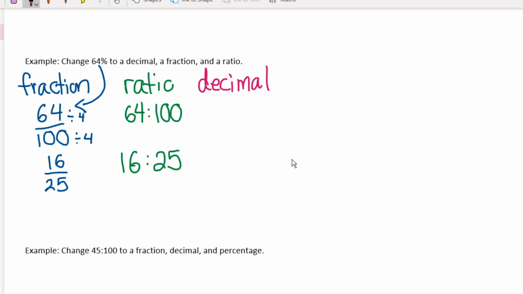All right, so what we do to convert a percentage to a decimal is we write down our number here, 64%, and we are going to divide it by 100. So 64 divided by 100 is equal to 0.64. Now that's what you would get if you put it into a calculator, but you might also notice a pattern here.